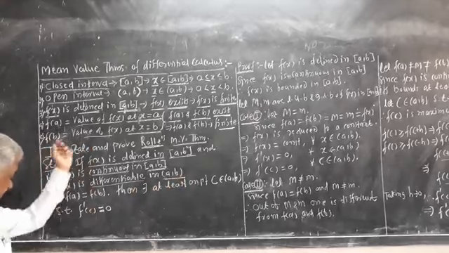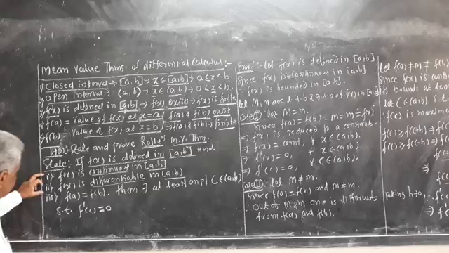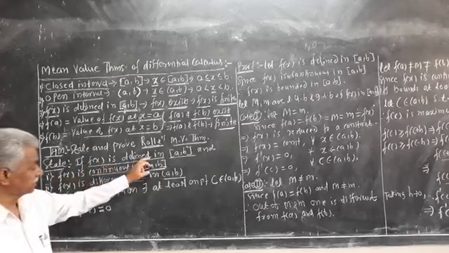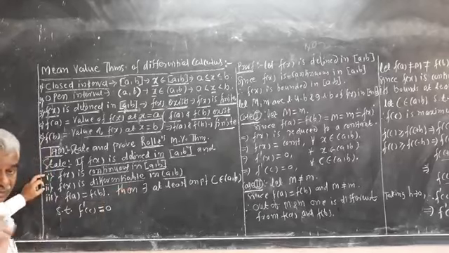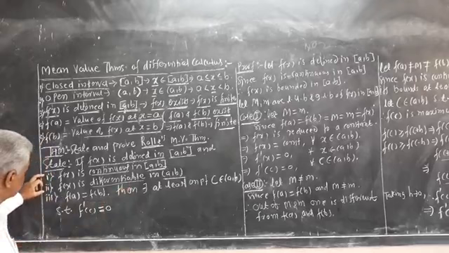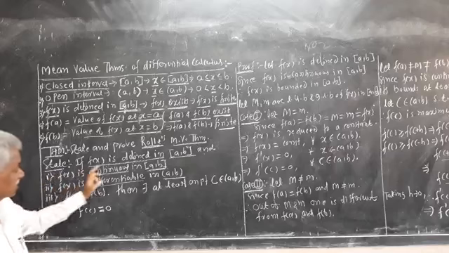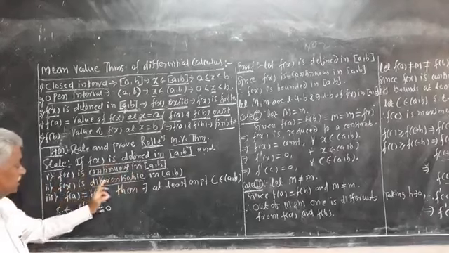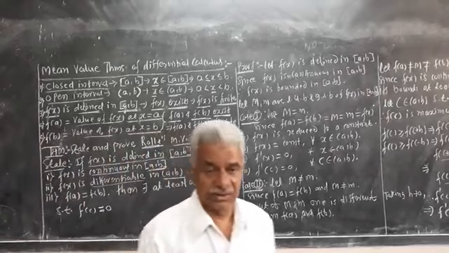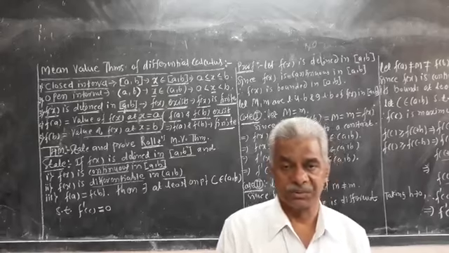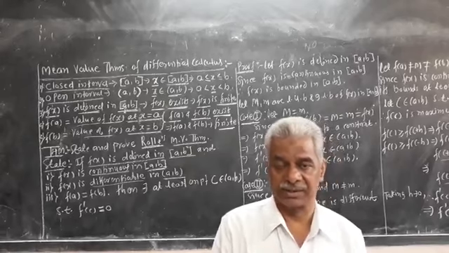And hence in each mean value theorem, that is, a function defined in the interval, these two conditions are always there. That is, f of x is continuous, f of x is differentiable in the open interval. And in case of Rolle's mean value theorem, we have a third condition.